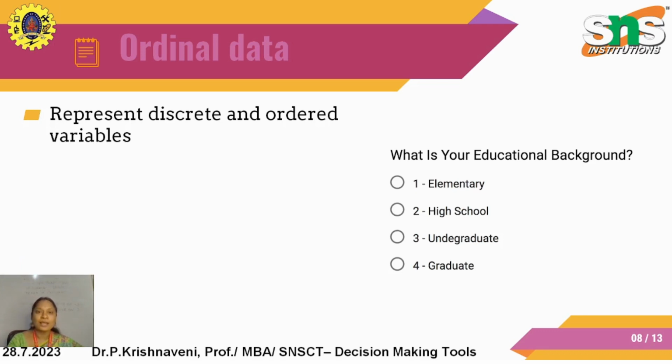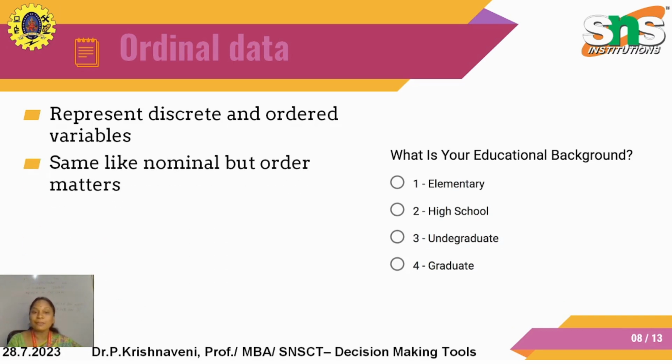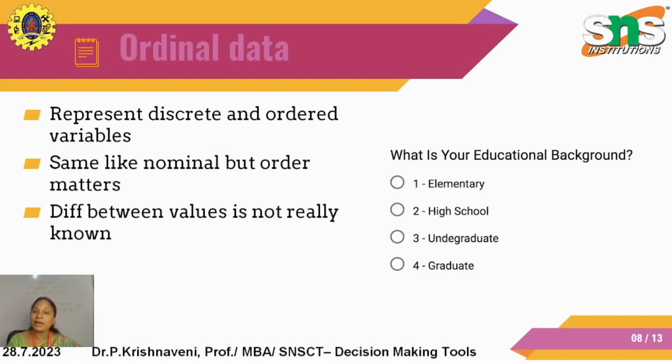Here also, mean or average will not work. It follows some order, and it is the same as nominal, but order matters. The difference between values is not really known here.